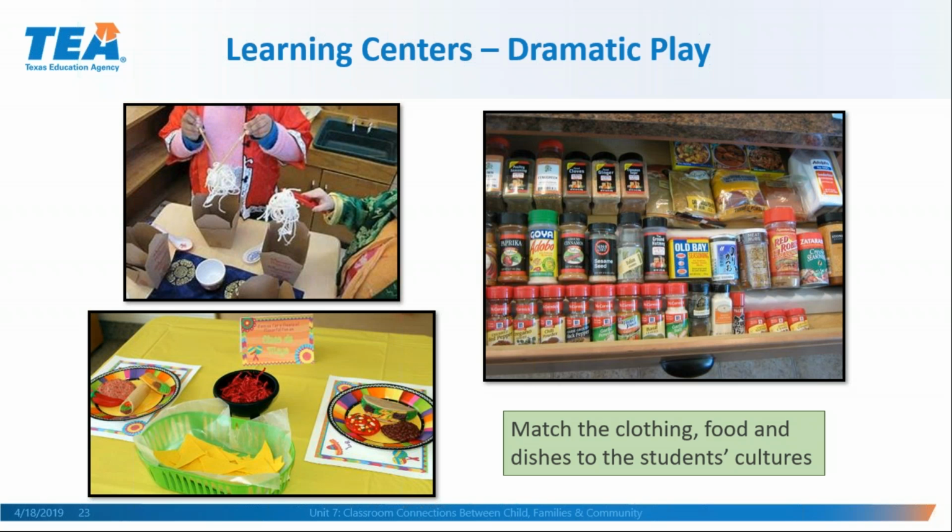Then you might, at some point during the year, want to make your dramatic play area look like HEB. And again, on one of your hikes, when you're walking around the neighborhood, what is in your neighborhood? And can you replicate that at the dramatic play area?